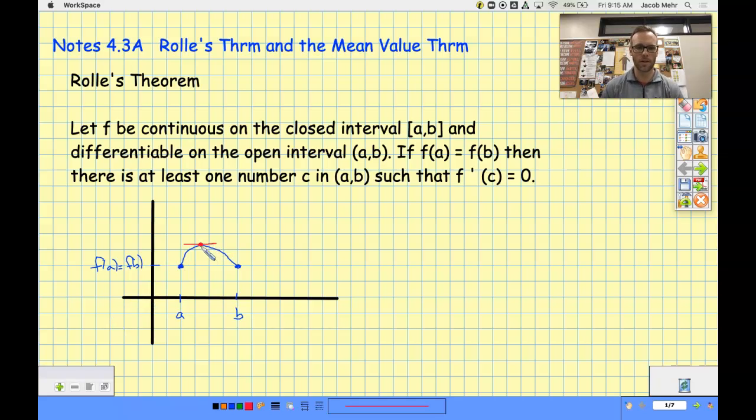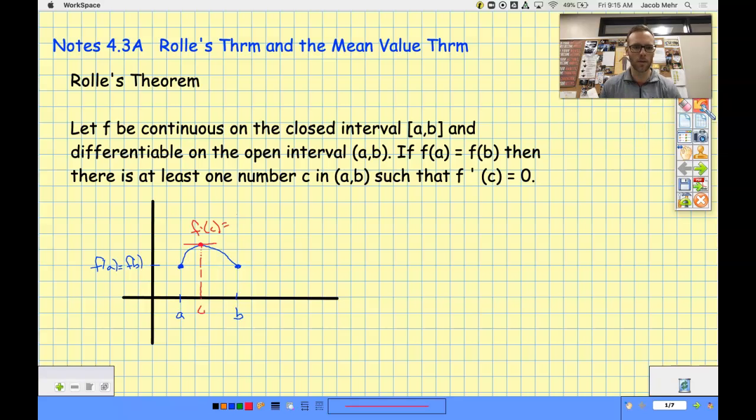There's a horizontal tangent line. That means the c value would be right there. f prime of c equals 0. So Rolle's theorem guarantees that if it's a continuous and differentiable function on the interval [a, b] where f of a equals f of b, there's got to be a point in between on the function where the derivative equals 0.